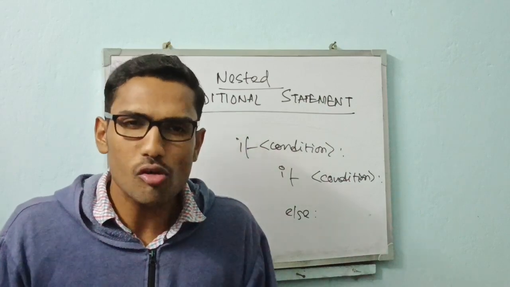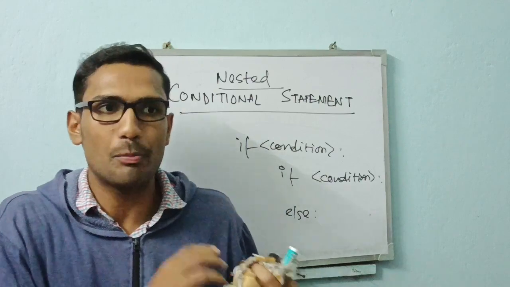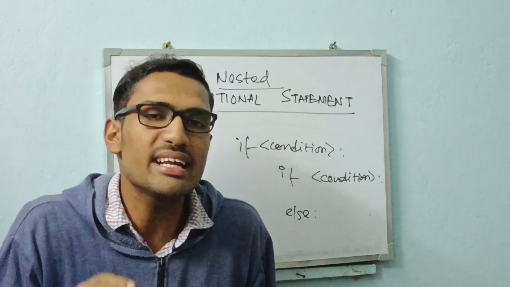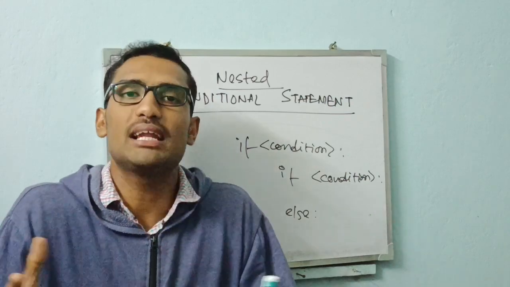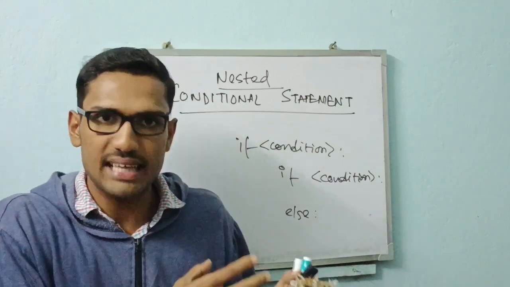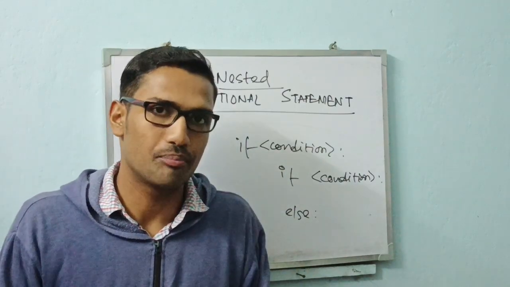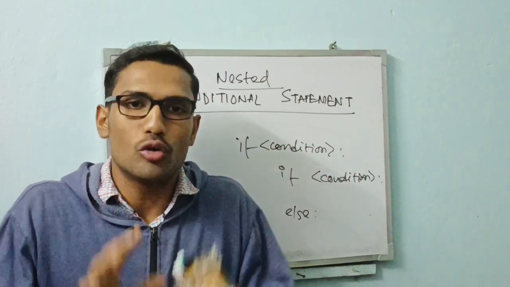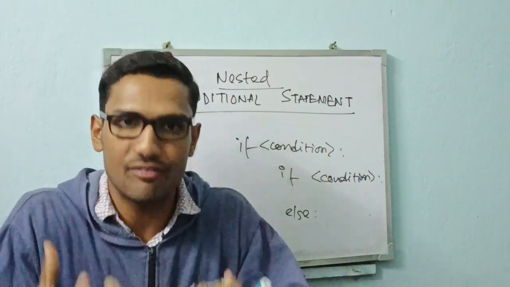Okay, so in order to explain this particular portion, I am considering a program of leap year. We all know what a leap year is. So I would be writing the same leap year program using nested conditional statement, just to show you how we can go for the nested one.